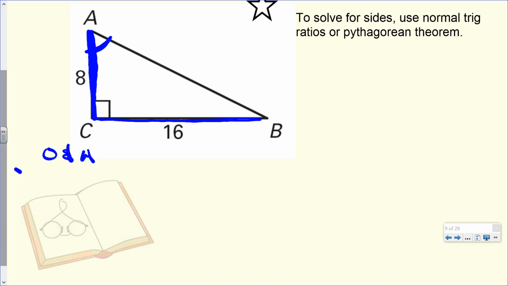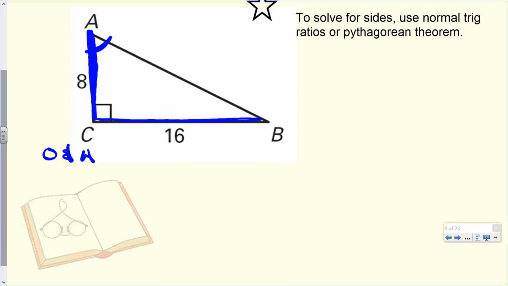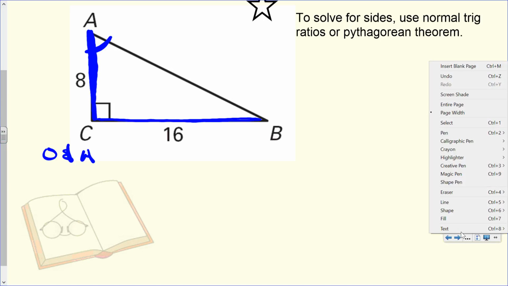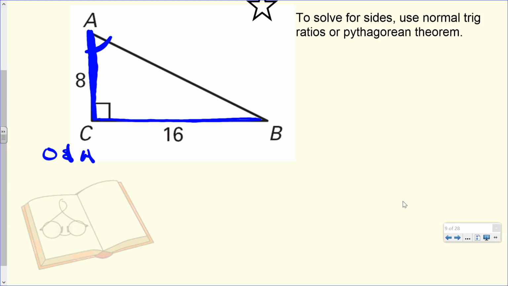SOHCAHTOA, what ratio involves both of those? Tangent. Opposite and adjacent. So the tangent of angle A is going to be 16 over 8.